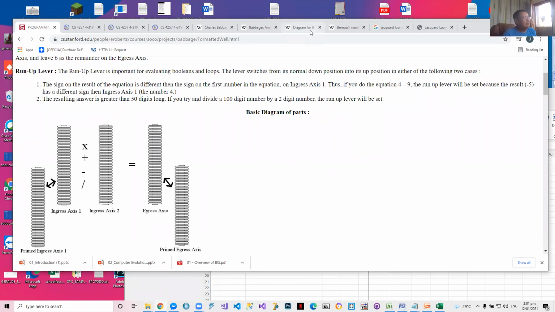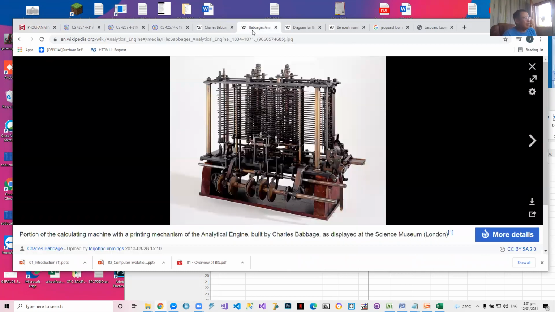Ito yung actual design niya. Isang wheel nito, 1 digit from 0 to 9. Now, this is a simpler version which was implemented by Charles Babbage, which can only contain 20 wheels. Anyway, masyadong malaki na yung 40 wheels. Do you follow?